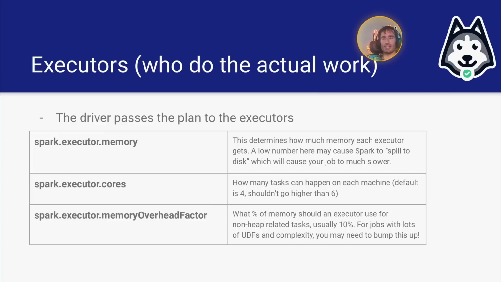What I like about the memory overhead is that you can increase it without increasing the memory itself, so you can make the job more reliable at no additional cost. So definitely try these out, especially if you have a job that's a little unreliable. That's a good setting to fiddle with.